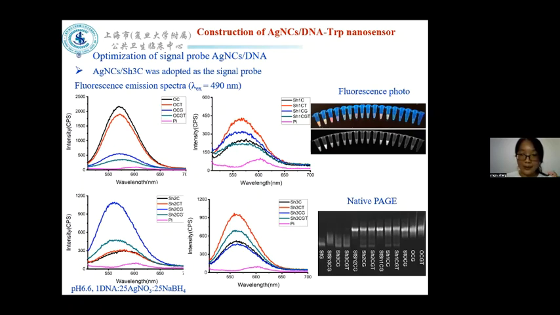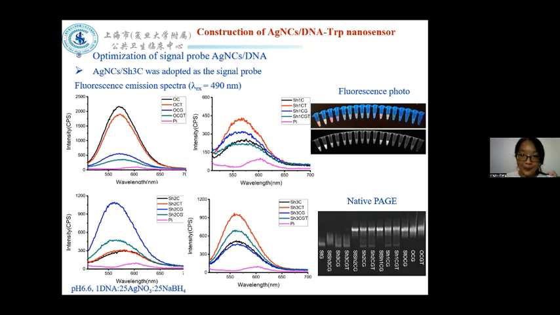From the electrophoresis results, we can see that with the decrease of the complementary sequences in the signal probe, the hybridization efficiency was reduced. However, the fluorescence shows the highest.